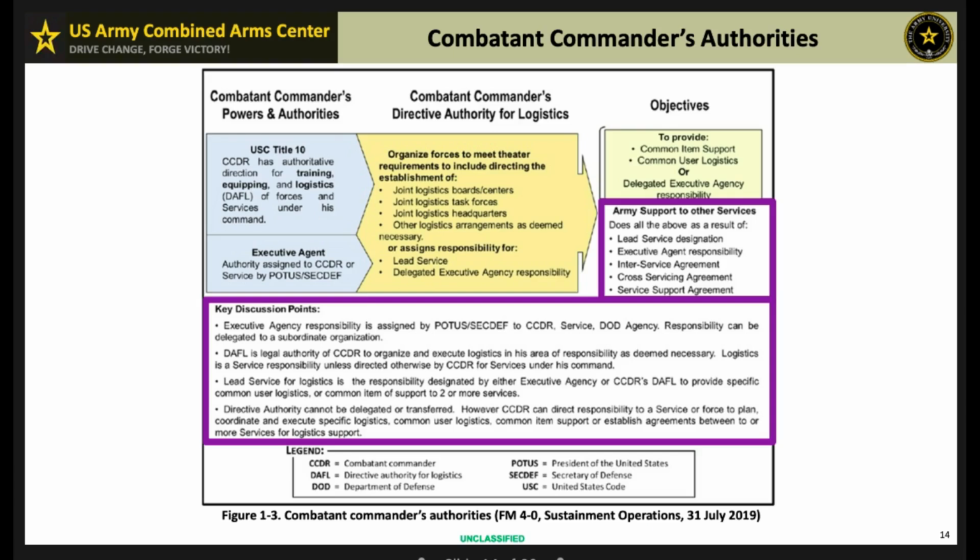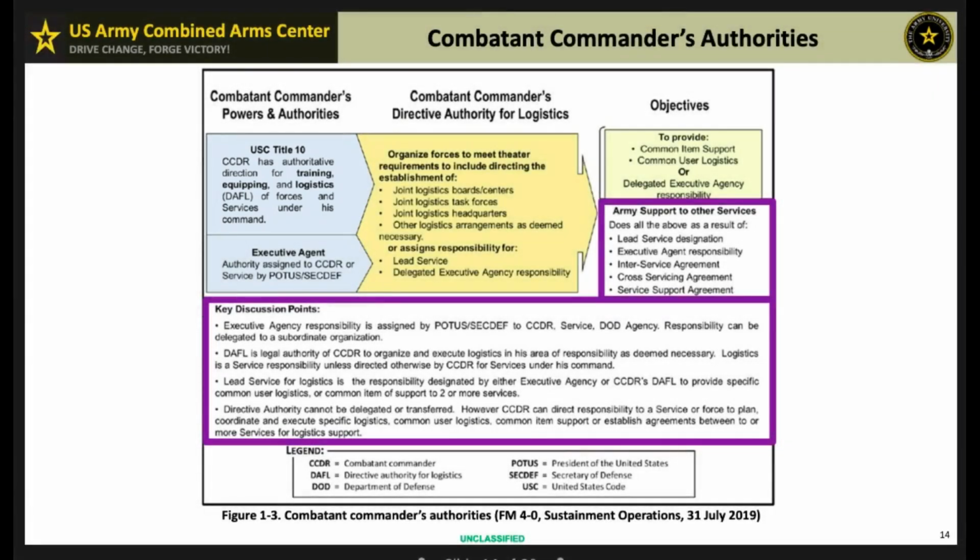Now, we build on this by exploring how combatant commanders execute their authorities, especially in terms of sustaining operations. The Army's Title 10 requirements play a crucial role in supporting sustainment, and it is vital to understand how these align with a combatant commander's authority.